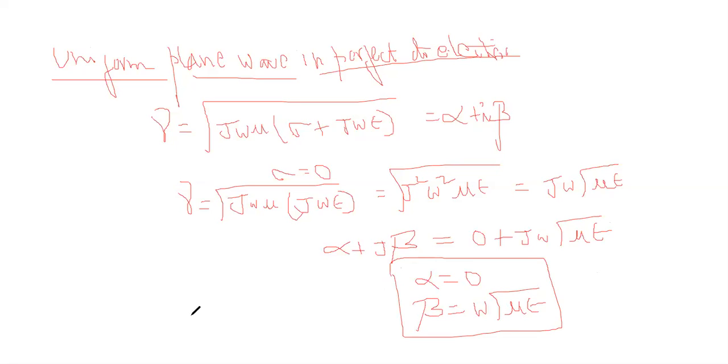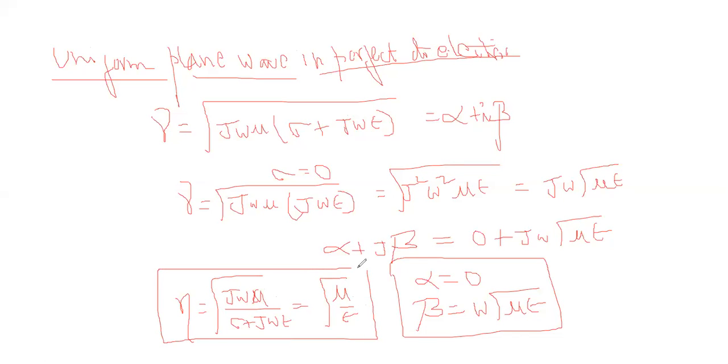Similarly, the eta that I derive now is equal to the square root of j omega mu by (sigma plus j omega epsilon). When it is a perfect dielectric, sigma is 0, and it becomes the square root of mu by epsilon.